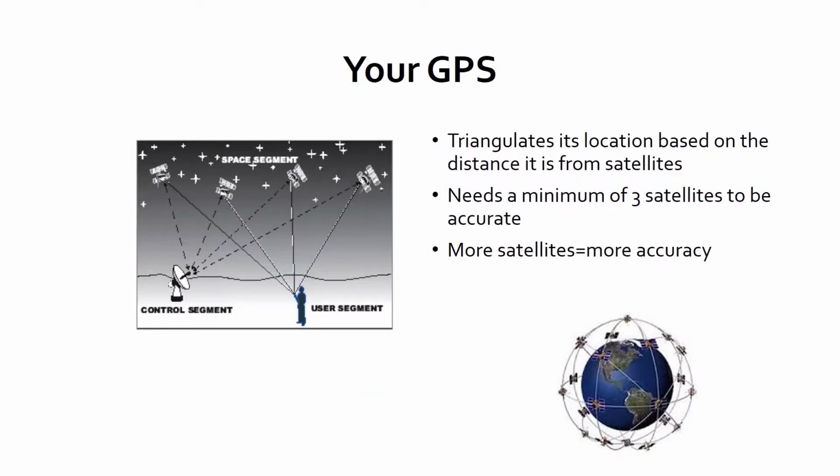Okay, so what your GPS does is it locates you on a map, and it does that by triangulating your location with satellites. To triangulate, you need a minimum of 3 satellites to have any form of accuracy. But the more satellites you have, the more accurate your GPS is going to be.